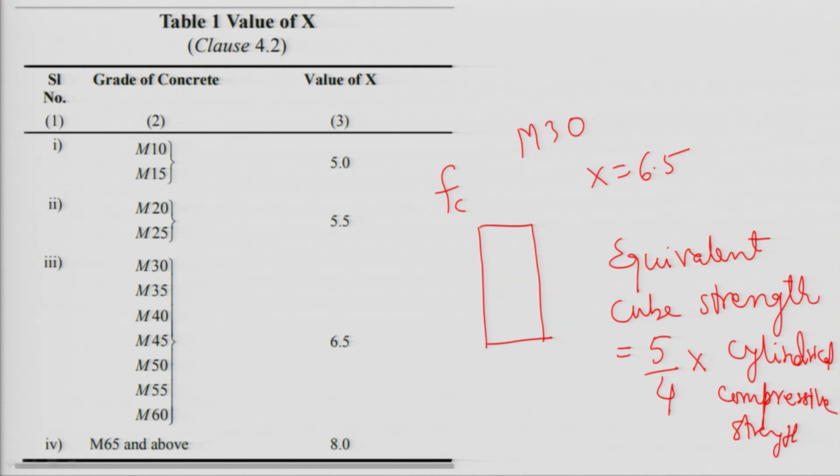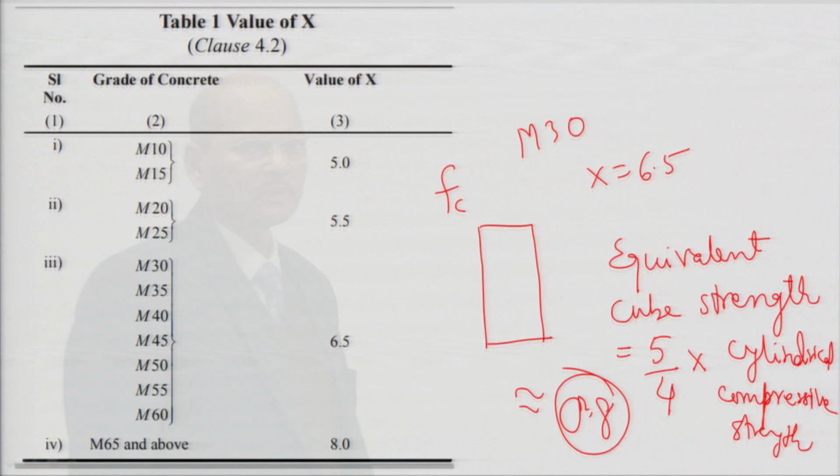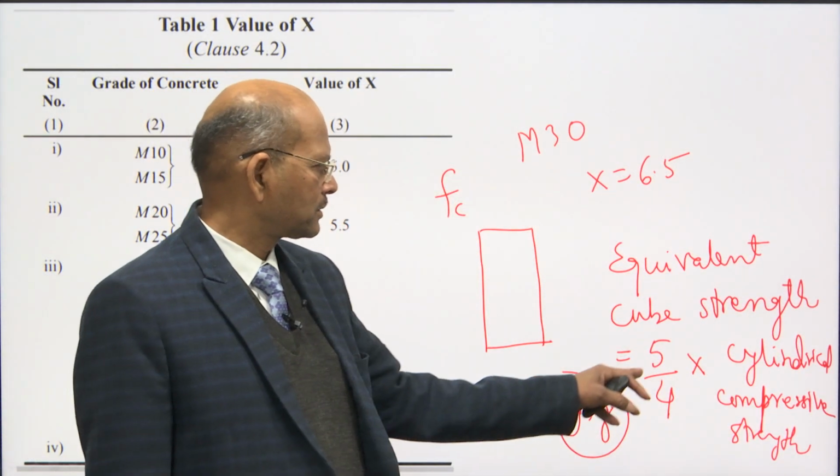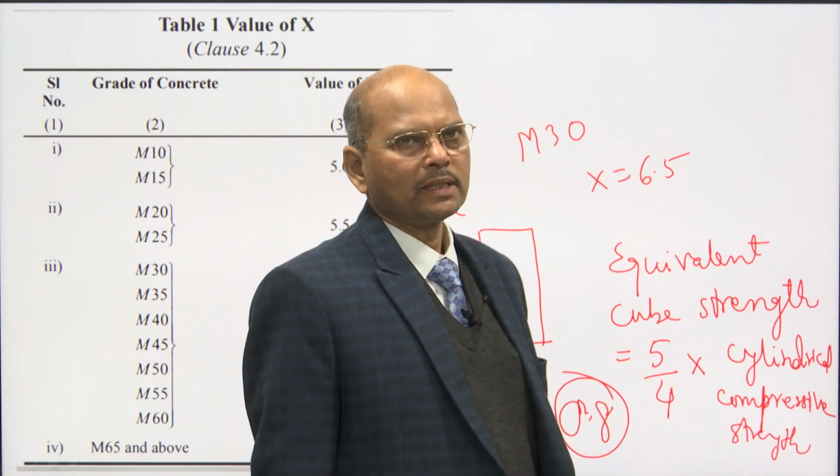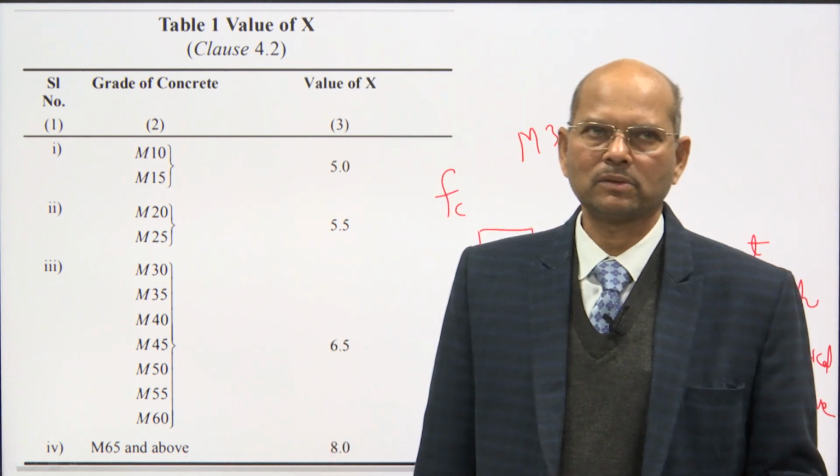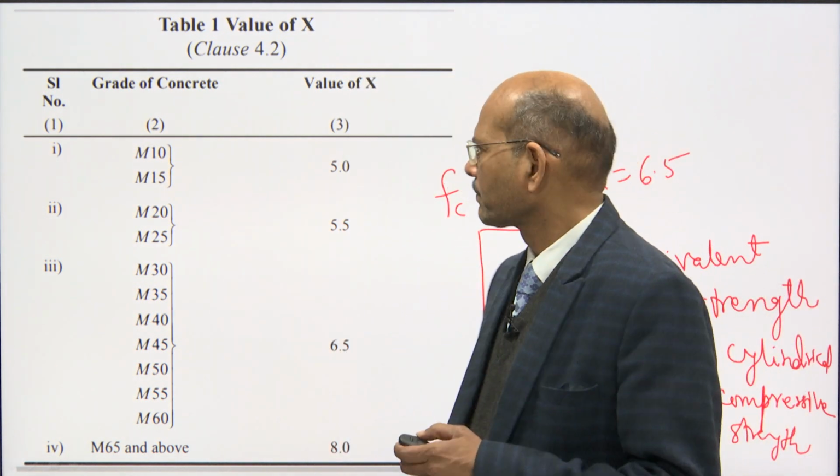Or roughly you can take the cylinder strength as about 0.80 of the cube strength, that is 80% in actual testing, but the Indian standard equivalent of 5 by 4 means about 25% more.